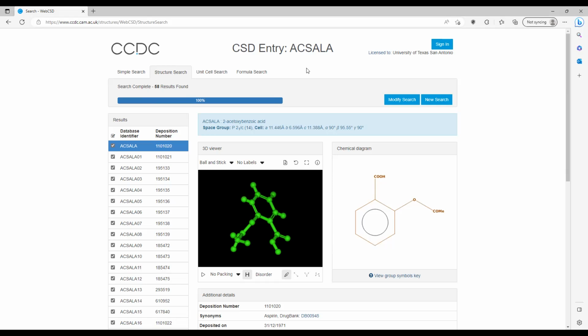So again, we're looking for these structures that are only acetylsalicylic acid. Let me write that here. Look for structures that are only acetylsalicylic acid.